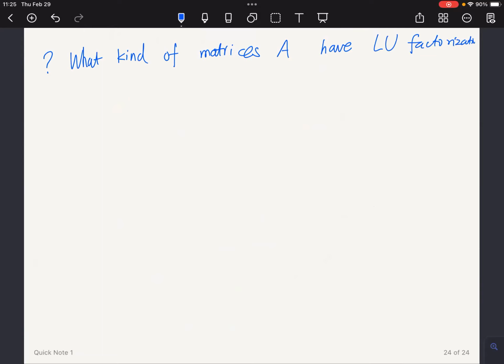There's one theorem about this. In Hatter's textbook it is theorem 9.1, the LU factorization theorem. It tells you what kind of matrices have such a factorization.